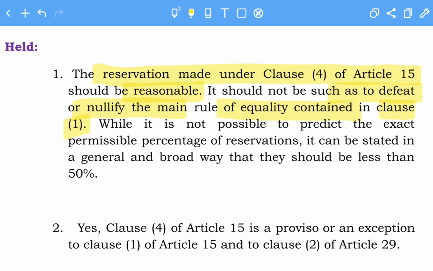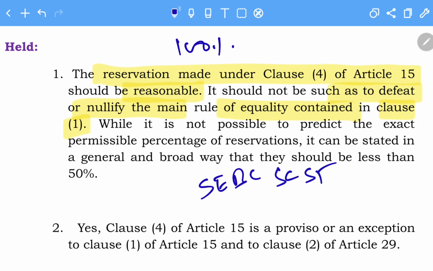You can't have 100% reservation, or a reservation where the majority of the seats are reserved for a particular group of people like SCBCs, SCs and STs as well. There must be some limitations. So what kind of limitations can be there?